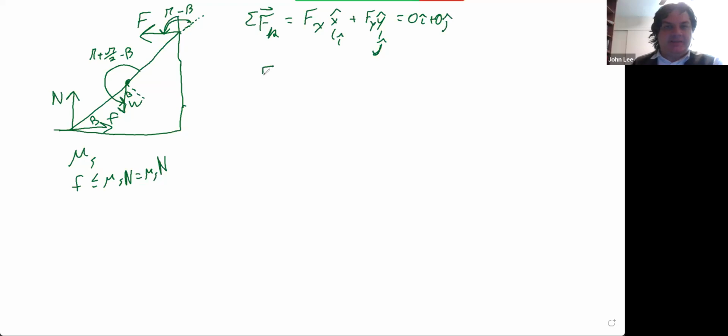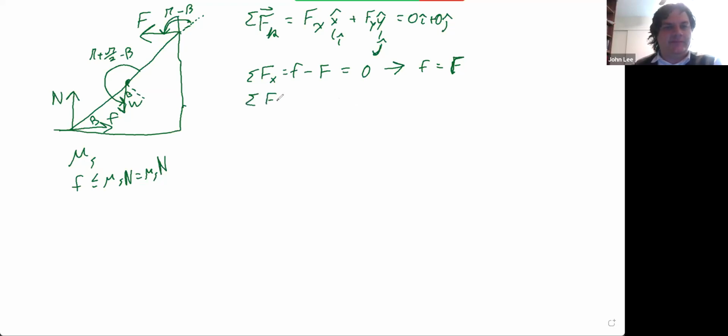So sigma Fx is equal to F minus F is equal to 0. So F is equal to F. So the frictional force is equal to the reactionary force of the wall.